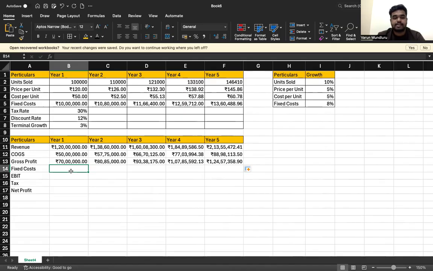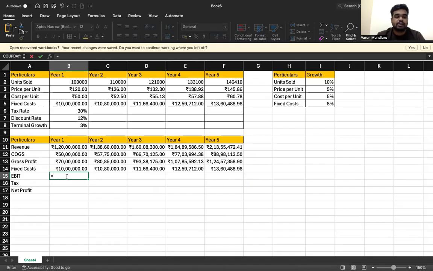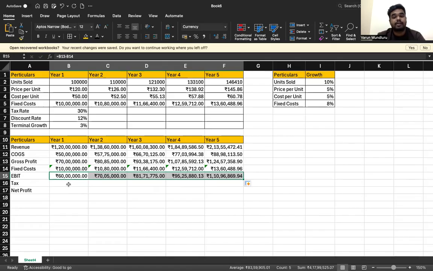Now, let us take the same values for fixed cost from the above table. Using this, let us find the operating profit or EBIT. This is basically gross profit minus the fixed cost. Dragging it till the 5th year, we have got the operating profit for years 1, 2, 3, 4, and 5.